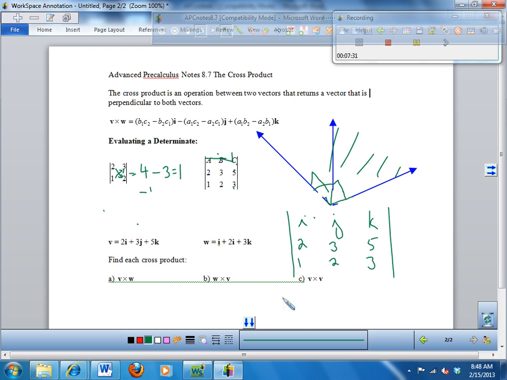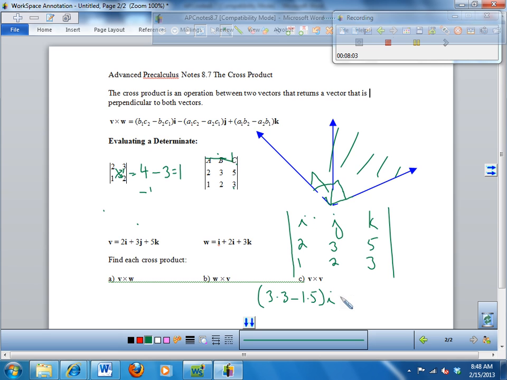This is for the V cross W. So I would get 3 times 3 minus 1 times 5 in the I direction. Does everyone see where I got that from? Yeah, it's this determinant right here.